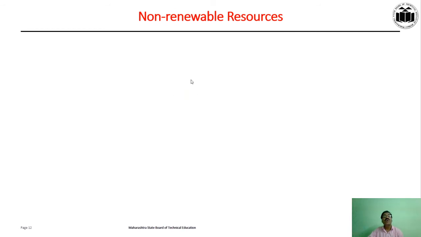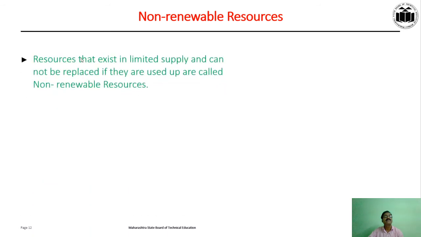Now, non-renewable resources. Second one: resources that exist in limited supply and cannot be replaced, or if they are used up, are called non-renewable resources. These energy resources are exhaustible.